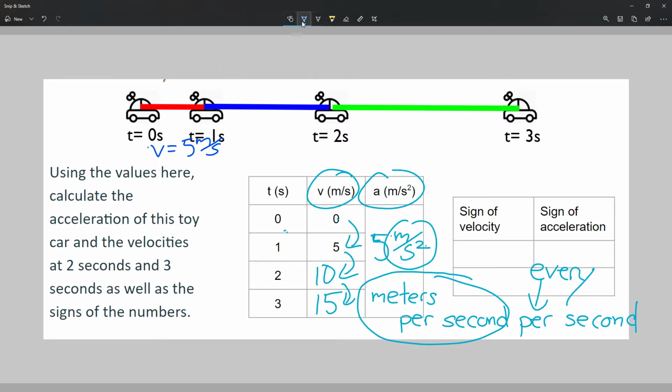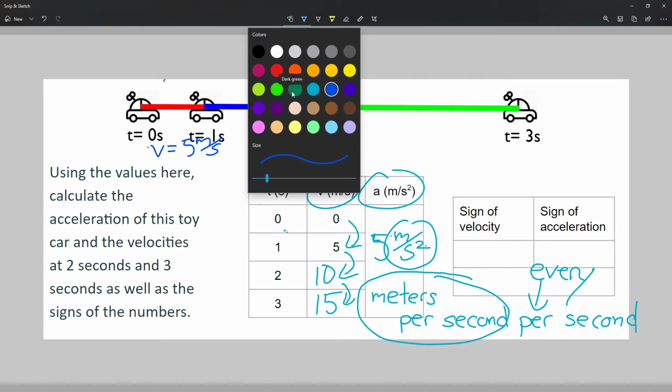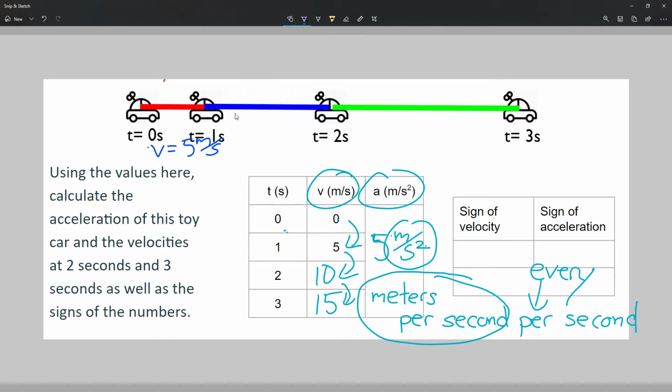What I'm about to say is not correct in real life, but I am doing it to show you what I essentially mean, just to make it easier for you to understand what's going on. Again, this is not true for real life. So let's say in the first second, my velocity is 5 meters per second.